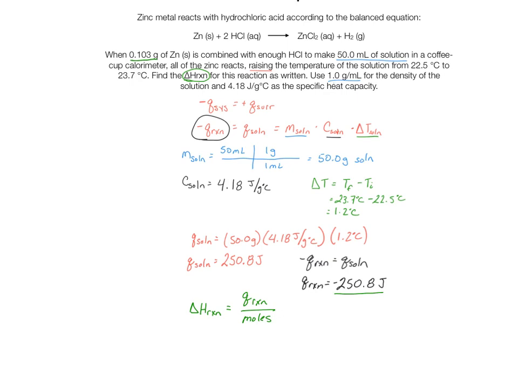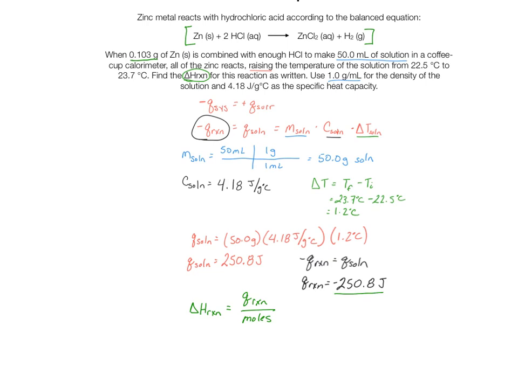But this reaction is not for 0.103 grams. It's for 1 mole. And so what we have to do is get rid of the contribution of the amount that we measured. And so we're going to normalize this out by taking this energy and dividing by the number of moles that actually reacted.